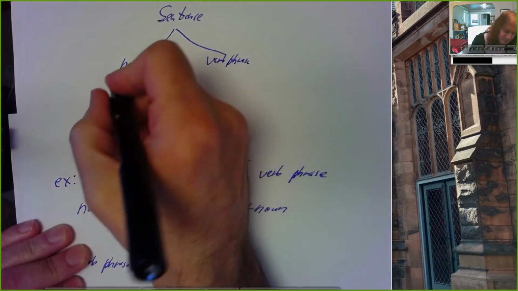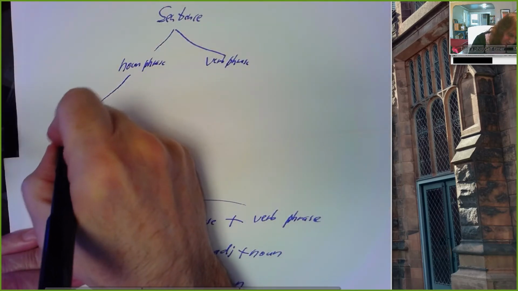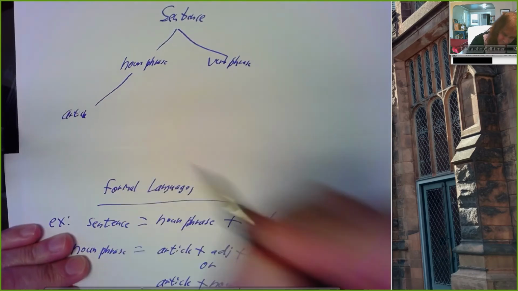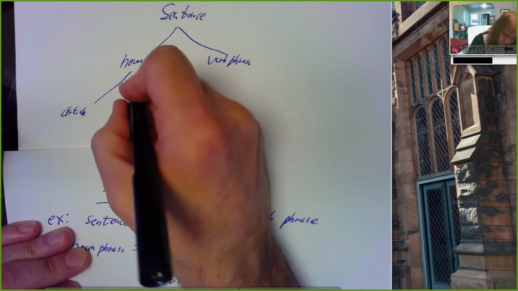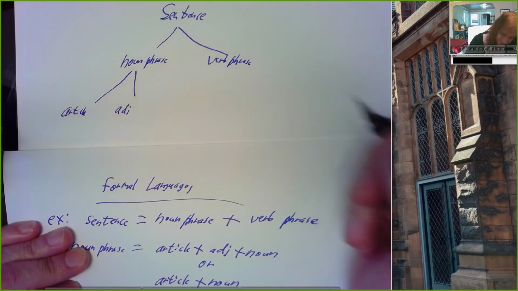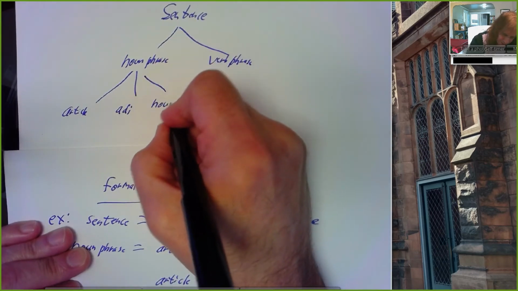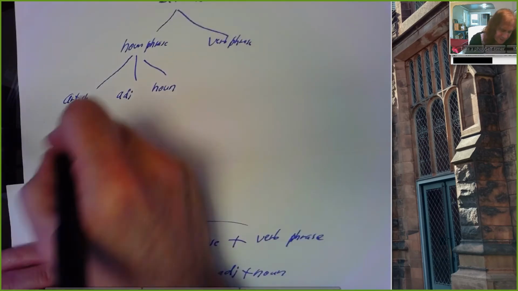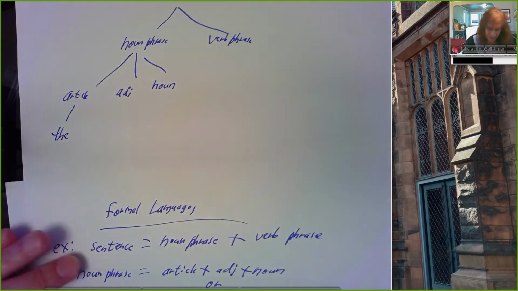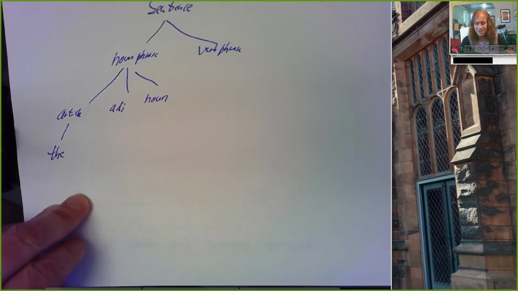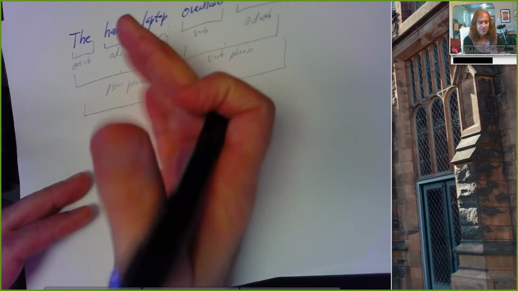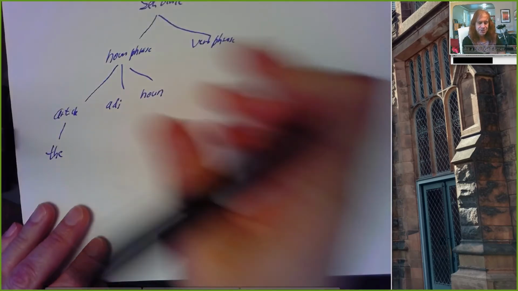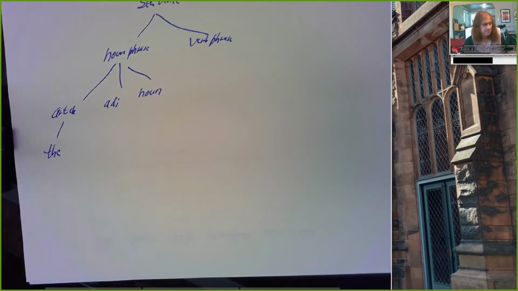And a noun phrase we can think of as an article followed by an adjective followed by a noun, and an article is the, and so on. And so this diagramming of sentences we can capture in a tree. And that's related to how we can do some of what we're doing on paper here inside a computer.